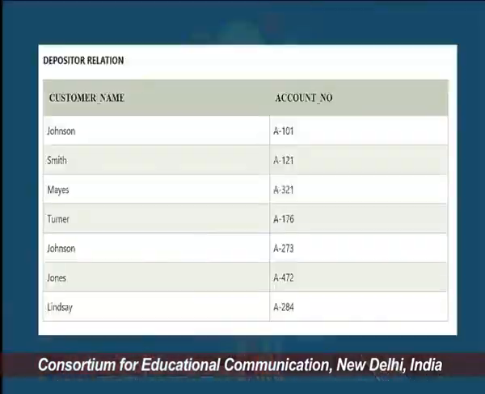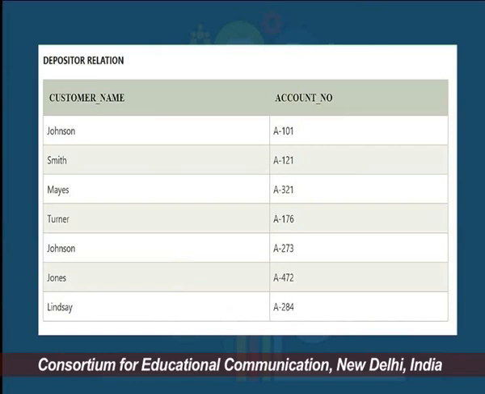For example, we consider two relations. One is the depositor relation having customer name and account number. Some customer names and some account numbers are given. Similarly, we have another relation, the borrower relation, which also has customer name and loan number.